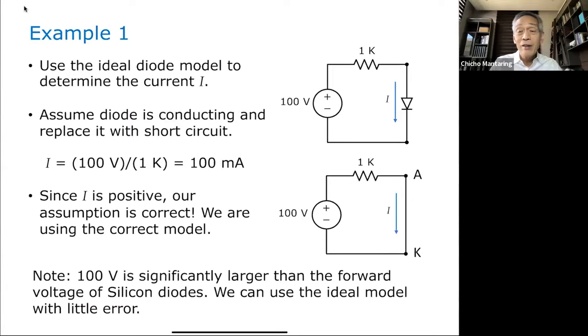Our error is only 0.7 mA. So the error is less than 1%. So for practical calculations, therefore, we really could have considered the diode to be ideal because we are getting very small error.